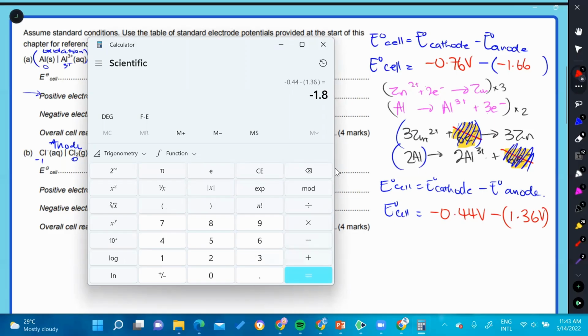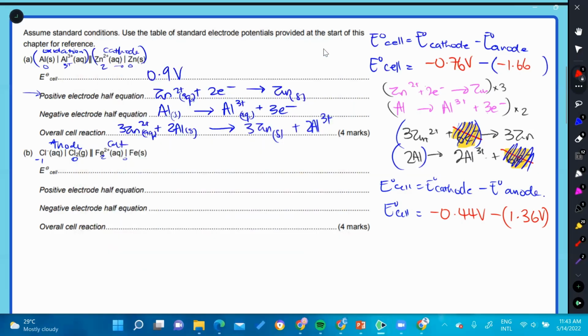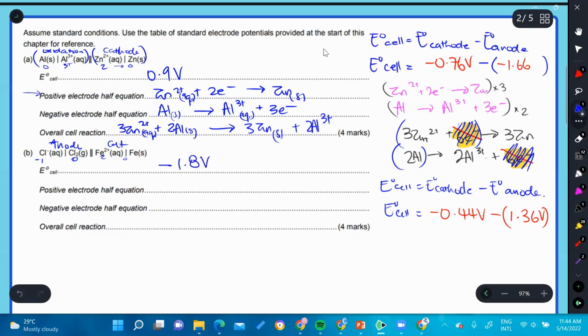Negative 1.8. Let me put it in my actual calculator. So minus 0.44 minus 1.36. Negative 1.8 is correct. So that would mean that the E naught of the cell is minus 1.8 volts.